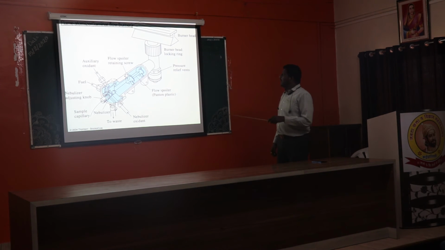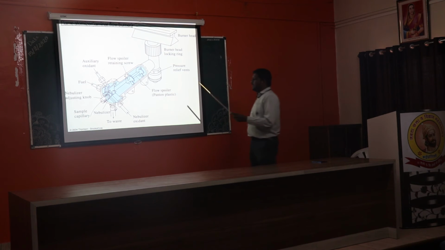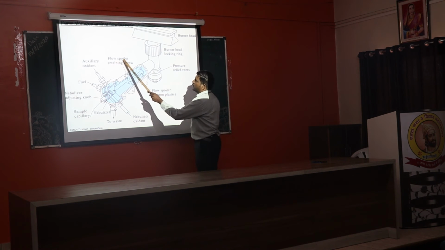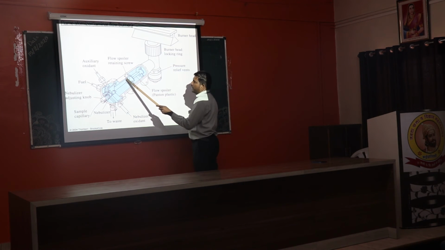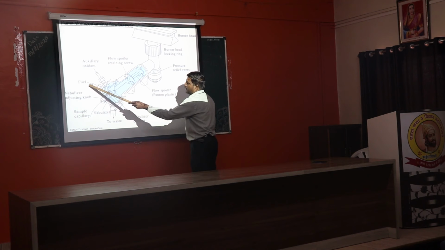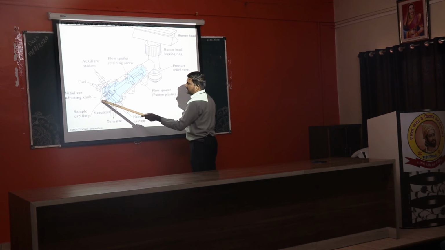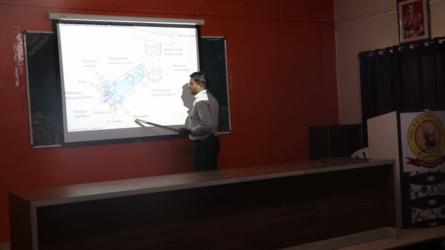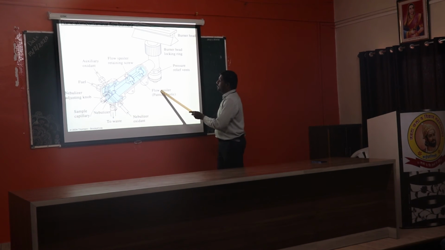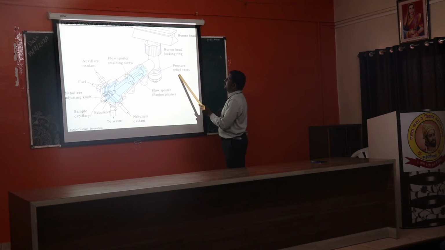The actual assembly is like this: flow spoiler, retainer screw, auxiliary oxidant, fuel, nebulizer adjusting knob, sample capillary, nebulizer, oxidant, flame spoiler, pressure relief vent, burner head, and locking ring. This ring will be moving, and the burner head is over here.